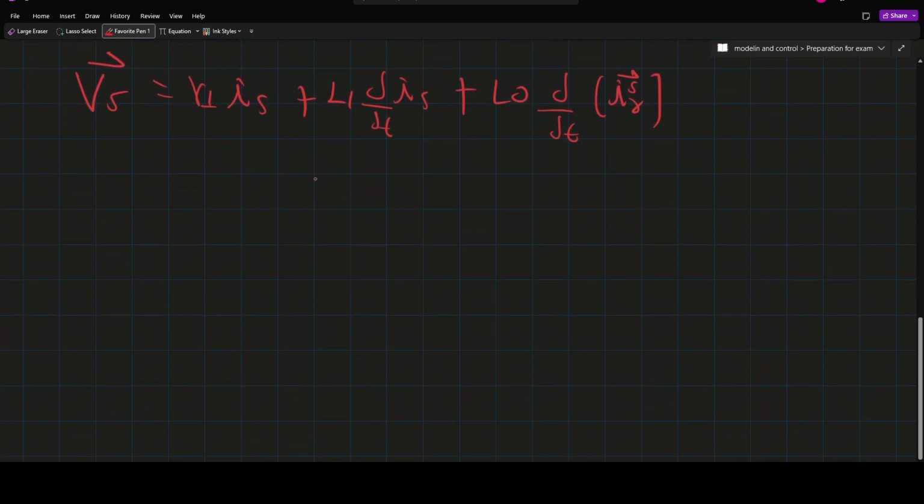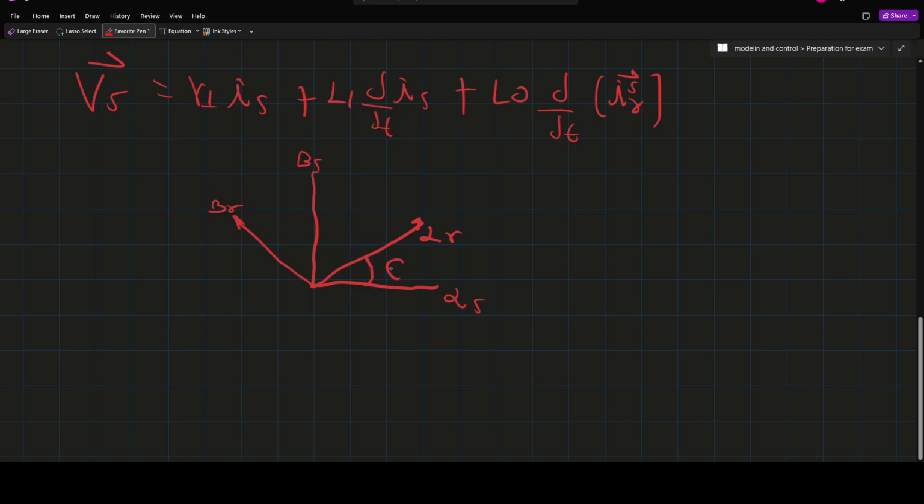We have done this before, but just a reminder, if we have here our alpha S and our beta S, this is our alpha beta component for our stator, and here we are gonna have alpha R and beta R. This is our alpha beta component for our rotor.